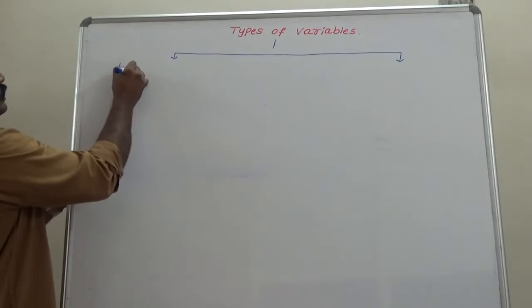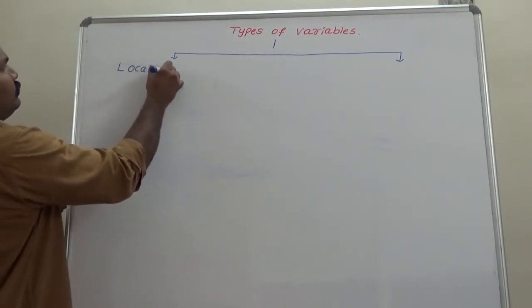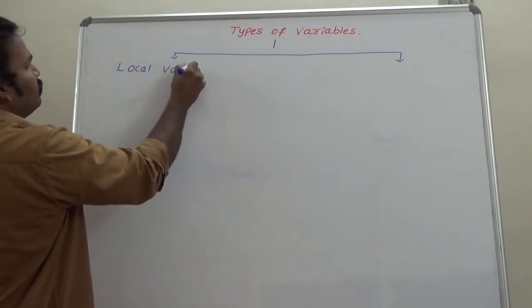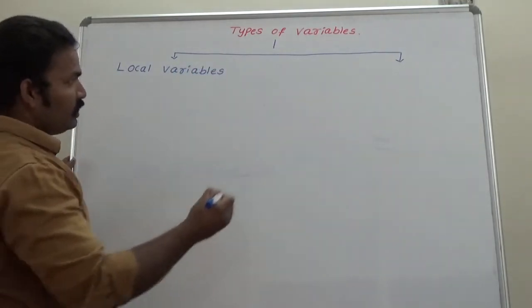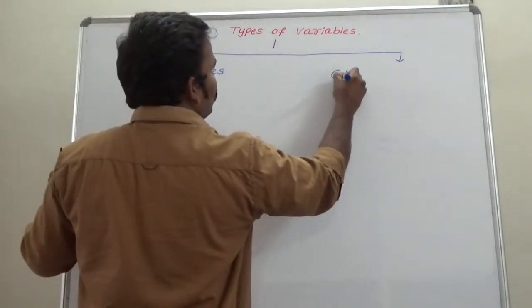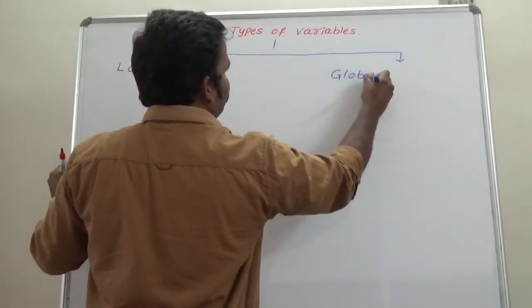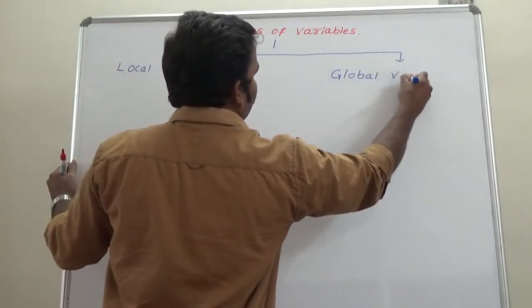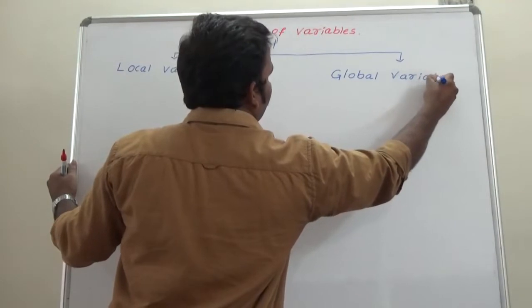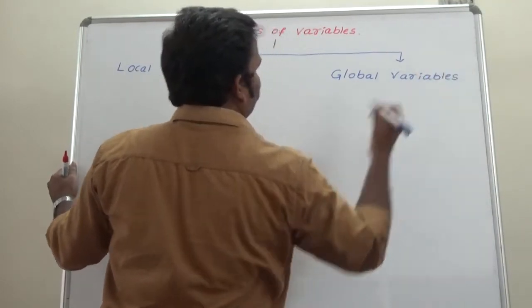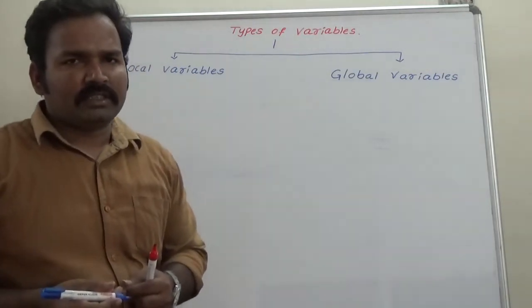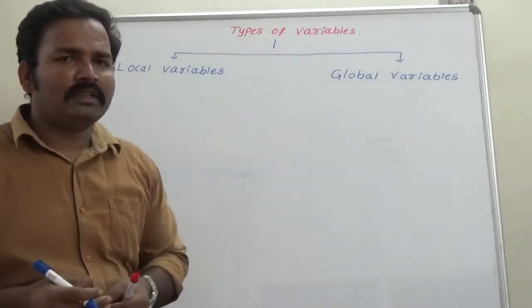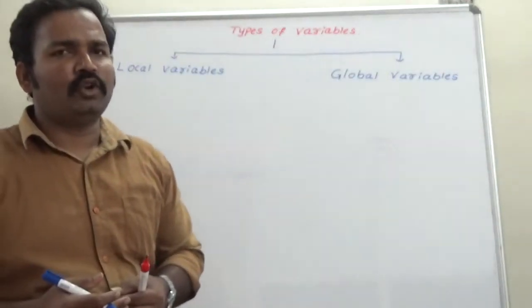One is local variables, next global variables. So there are two types of variables: local variables and global variables.